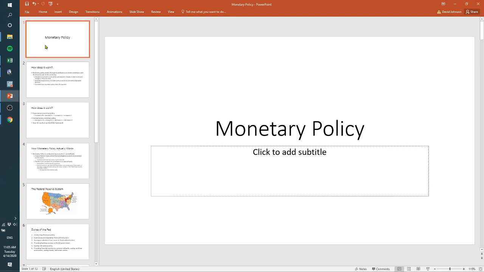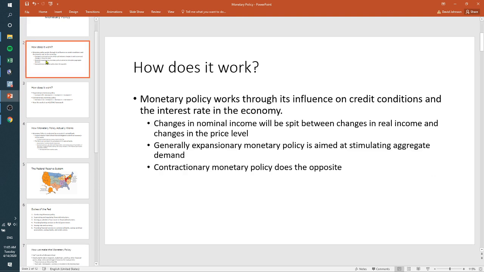Right. So let's actually get to monetary policy. Monetary policy works through influence on credit conditions and the interest rates, which influence the value of the dollar.